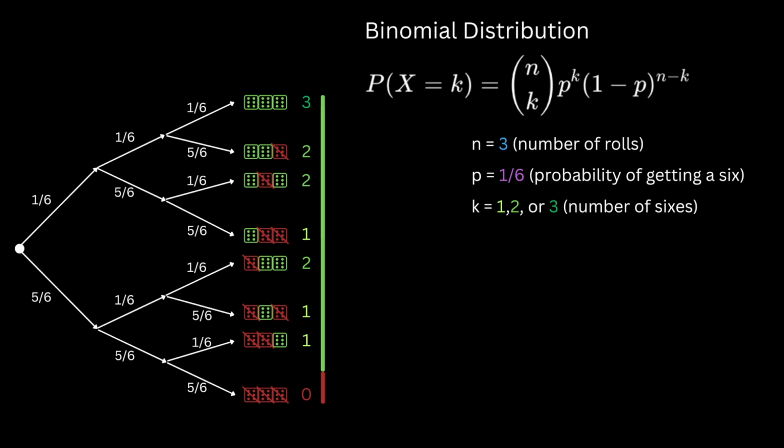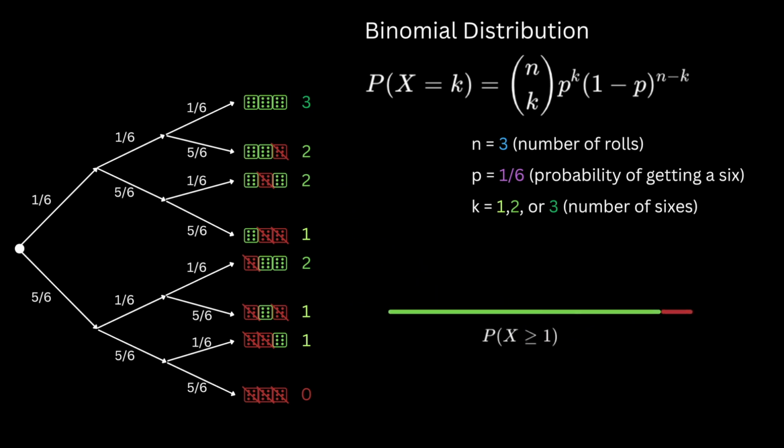The green area here is when we have 1 or more 6s. And what that big X is saying is a random variable. These are the cases where we have more than 1. And in the red area, this is where we don't have any 6s. So X in this case represents how many 6s we have.